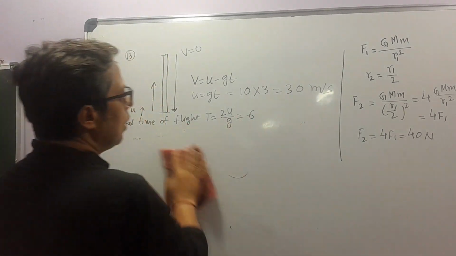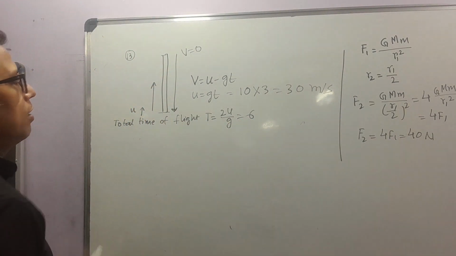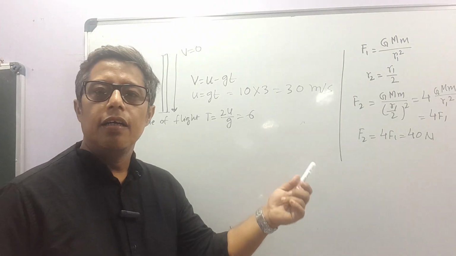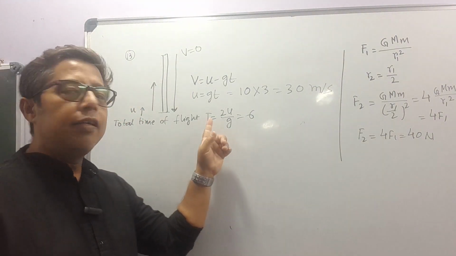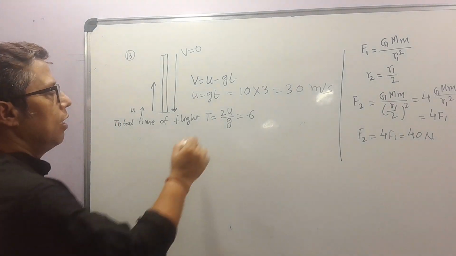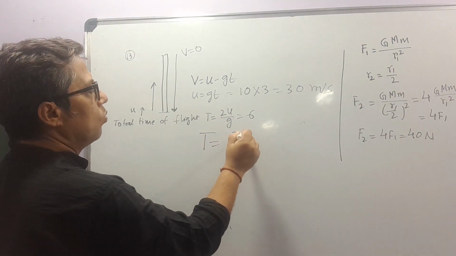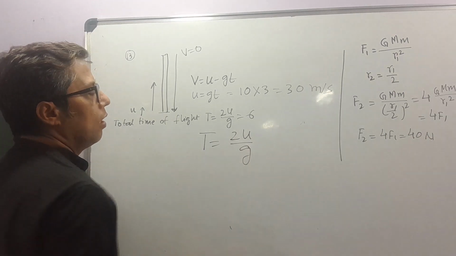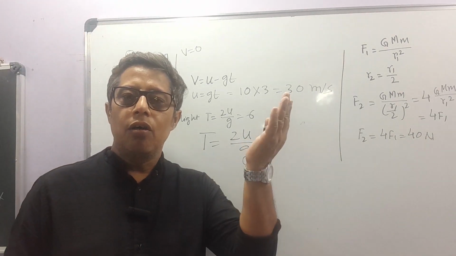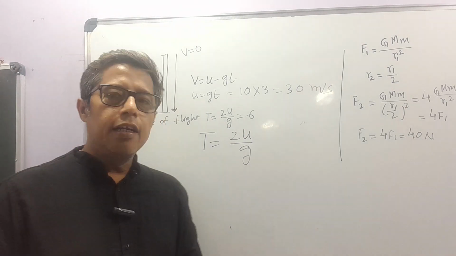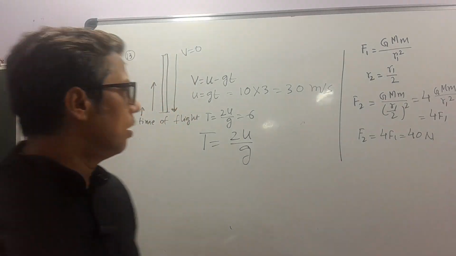Now the total time of flight is 6 seconds. I'll show you that the total time of flight T is equal to 2u by g, where u is the initial velocity with which we are throwing the object and g is the acceleration due to gravity.